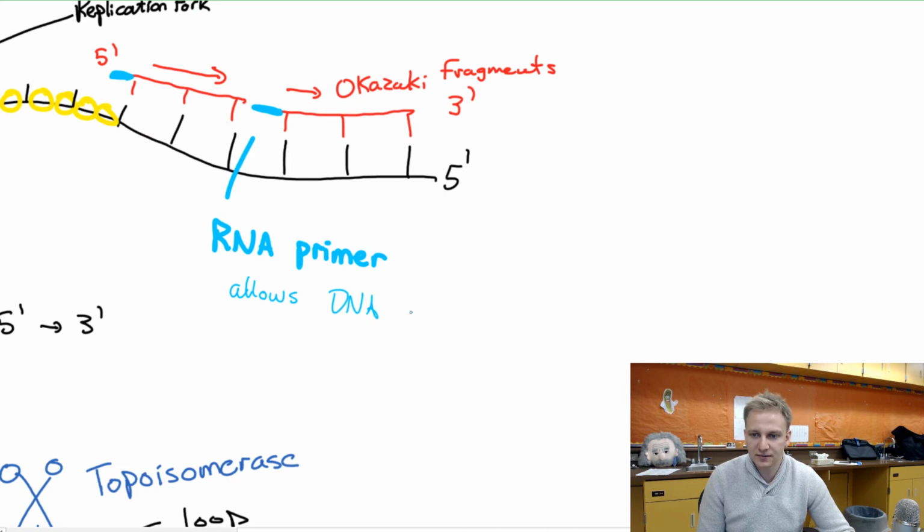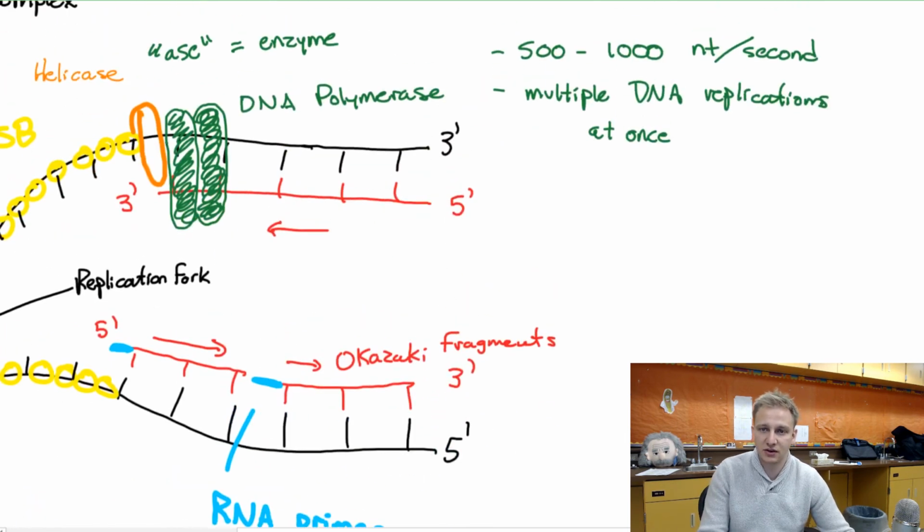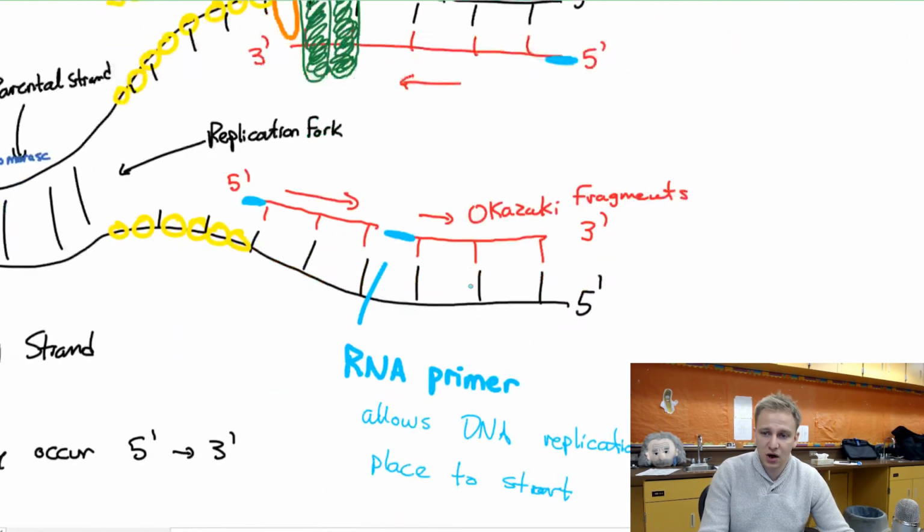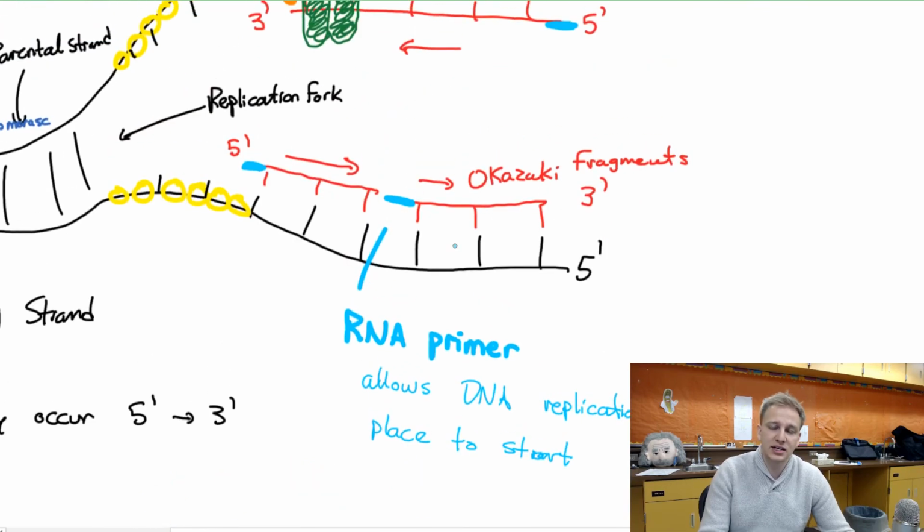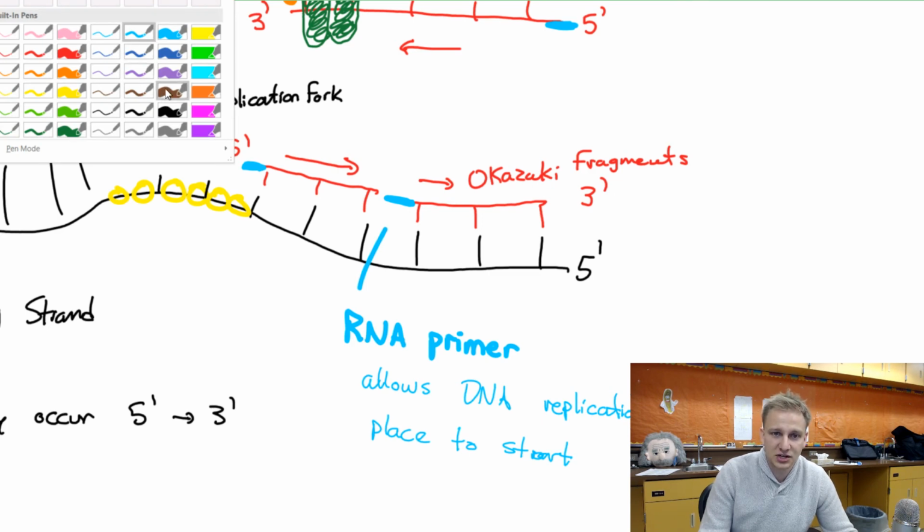Now, on the leading strand, or the parental strand, we only have one real source of RNA primer, and that'll be right over here. With the lagging strand, with all of these Okazaki fragments, because we have to start, stop, restart every single time we make a new fragment, we need to have this RNA primer present so that we have a location to start our DNA replication.